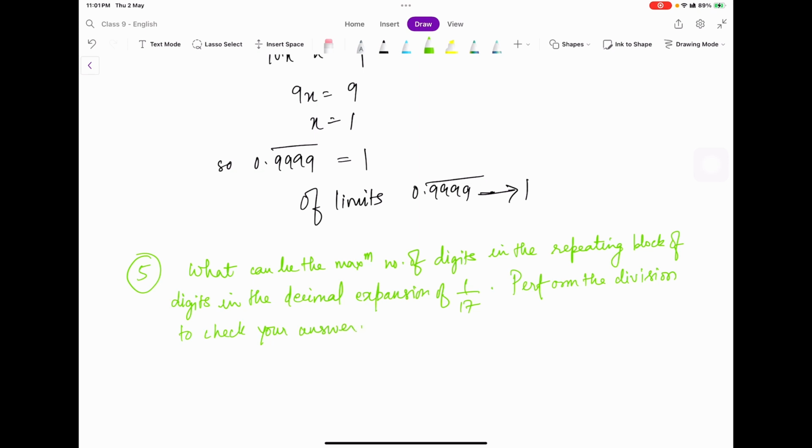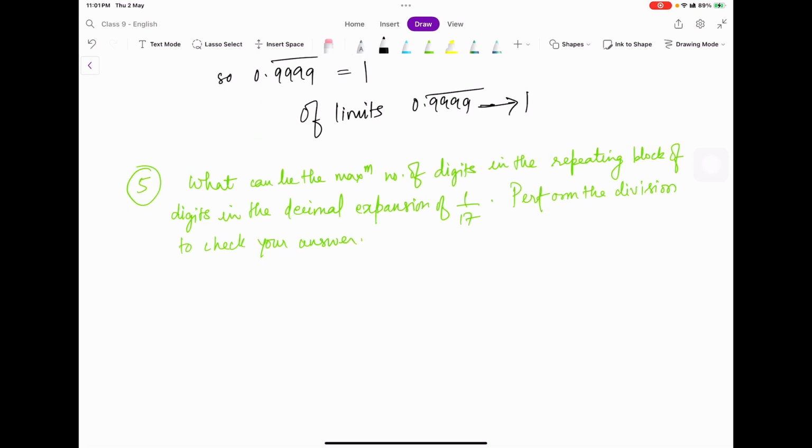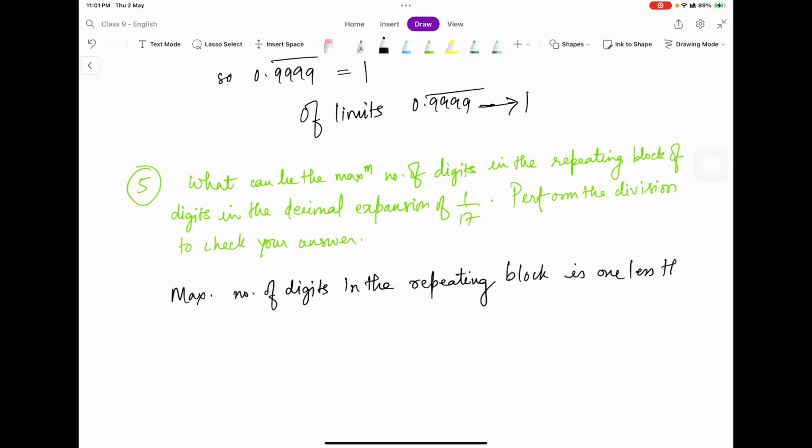I have already said it. The maximum number of digits in the repeating block is 1 less than the divisor, because the number of digits in the repeating block should be less than the divisor. The divisor is 17.